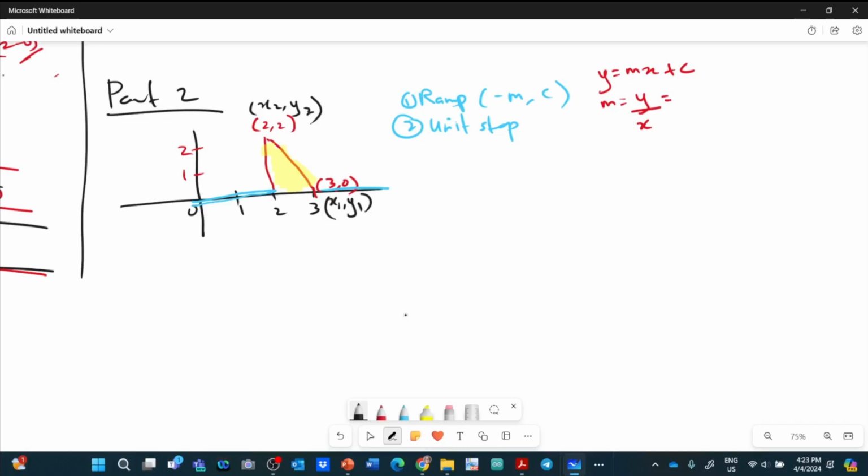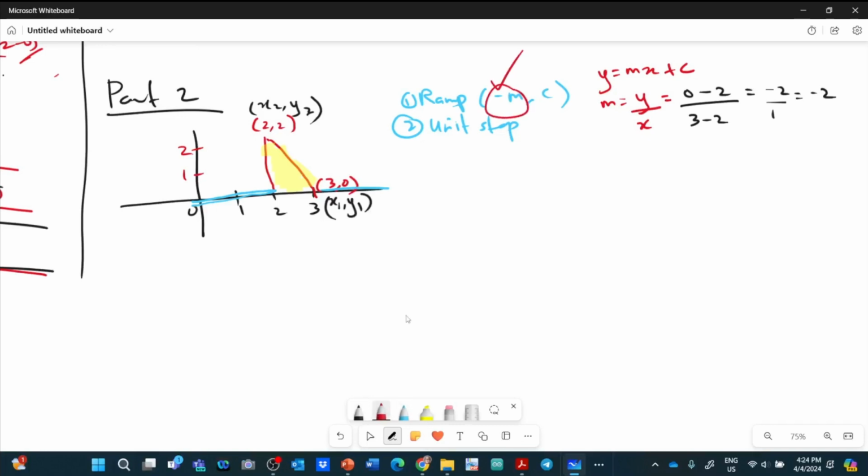Okay, so 0 minus 2 divide by 3 minus 2, minus 2 over 1, minus 2. So M equal to minus 2. So M settle.